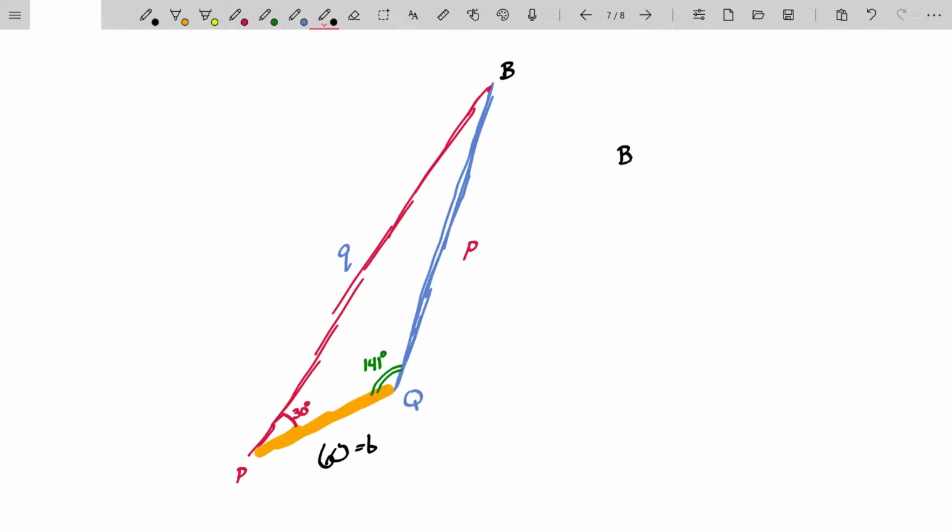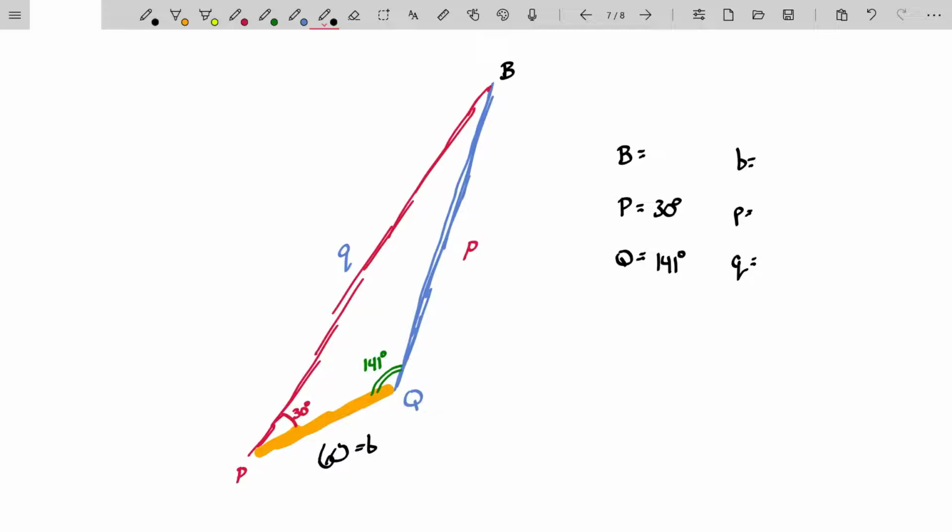Our table will be angle B, angle P, angle Q, and then side B, side P, side Q. How's that? And we were given that angle P is 30 degrees. We were given that angle Q is 141 degrees.